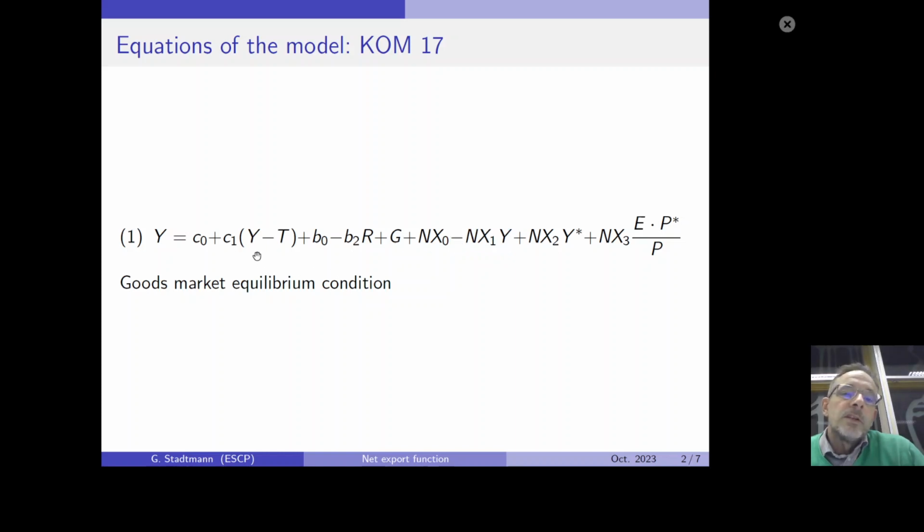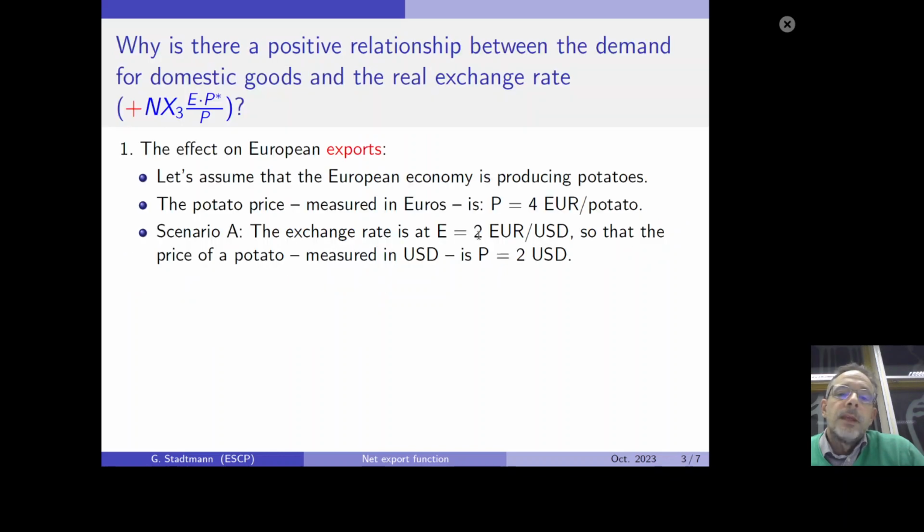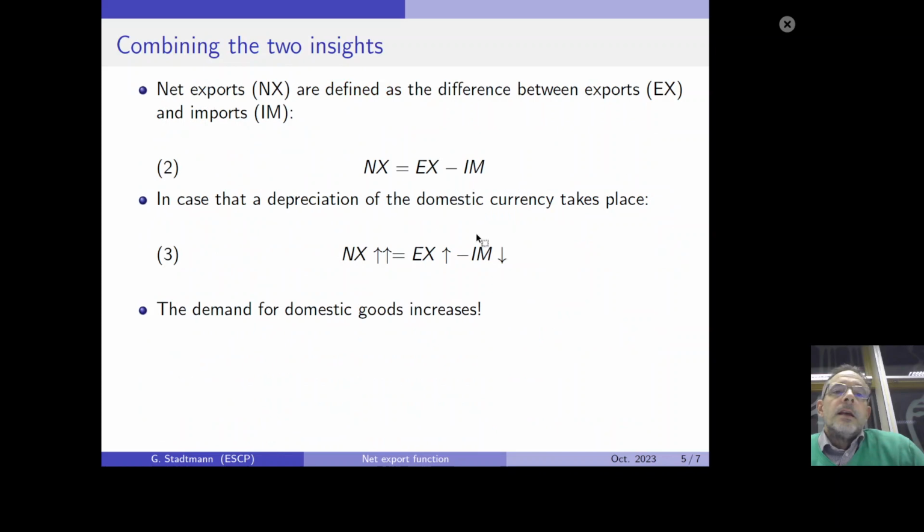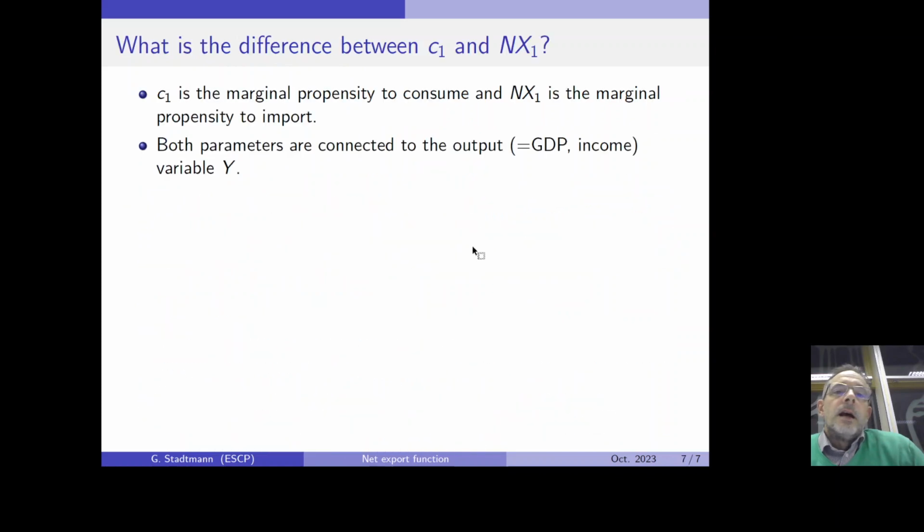So what is the difference between C1 and NX1? C1 is called the marginal propensity to consume, and NX1 is the marginal propensity to import. Both parameters are connected to output, to the GDP variable, to the income variable, which we abbreviate with the letter Y.